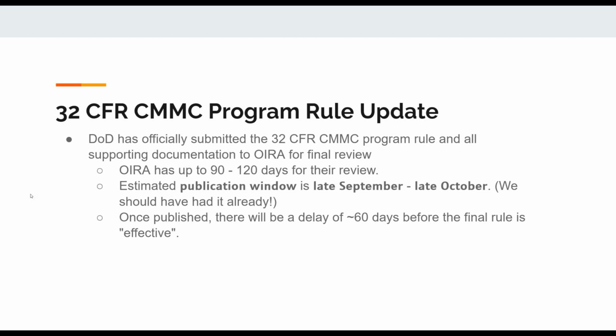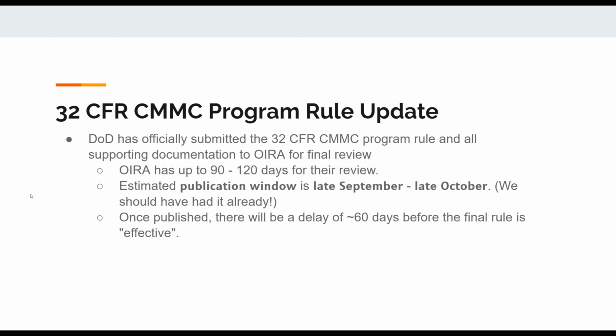By all accounts, through the grapevine, this already should have come out. It's currently caught up in, as with everything with government, of course, a bureaucratic process. But by all accounts, this should have been out weeks ago.